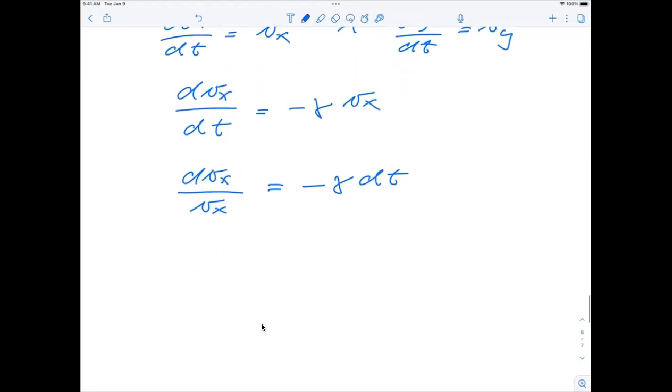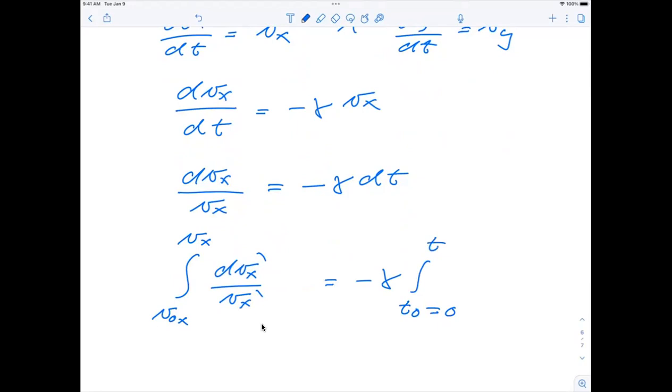We integrate up here: dvx prime divided by vx prime, from an initial velocity v0x up to a final velocity v of x. This is given by minus gamma times the integral from t0, and we put t0 equal to 0, which is very convenient.